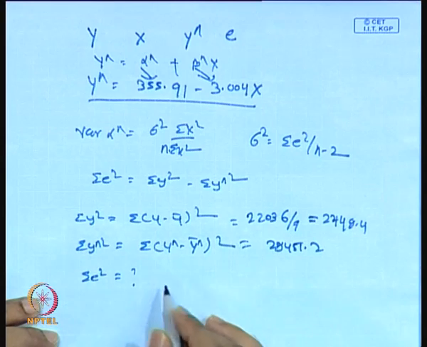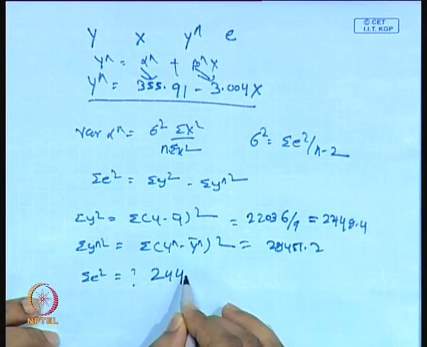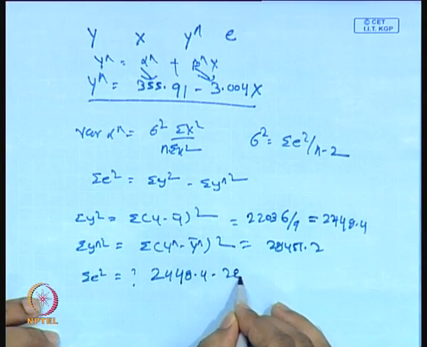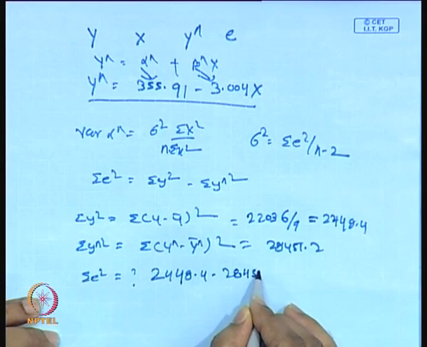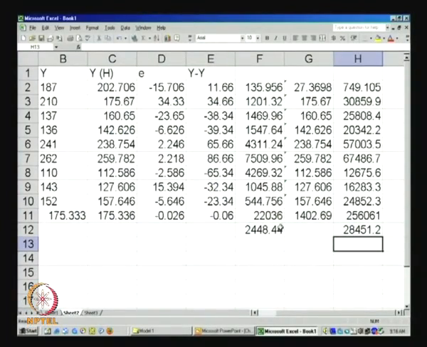So summation y square is 2448.4, minus 28451.2 for summation y hat square. Summation y square divided by n, 2236.